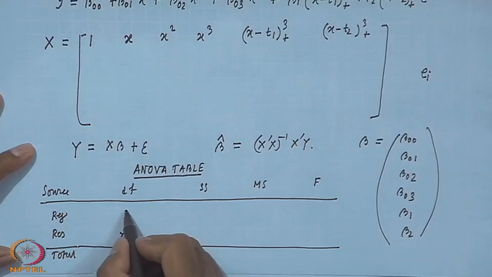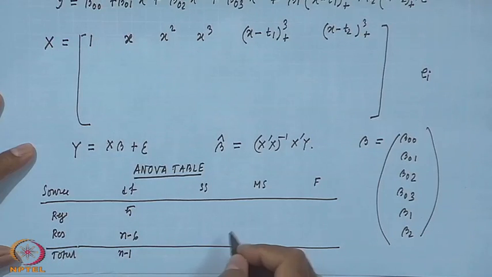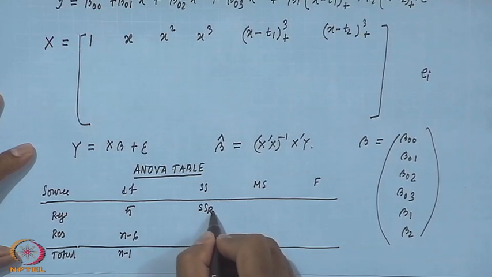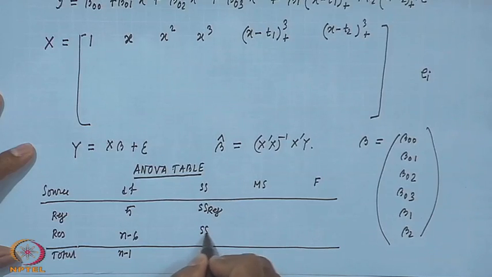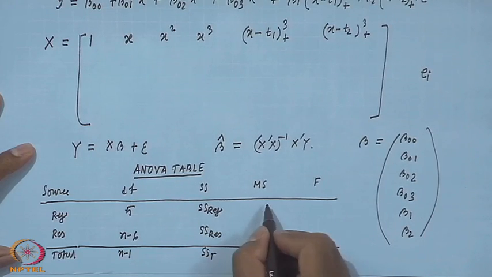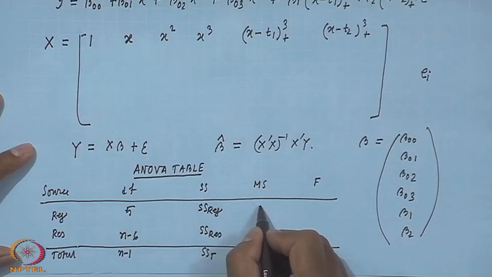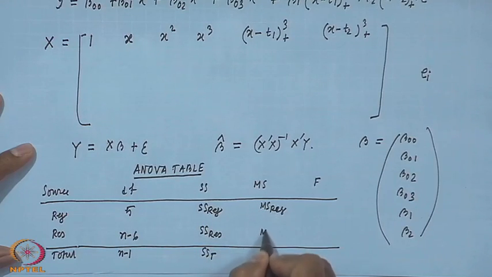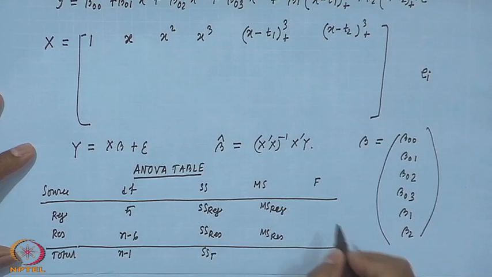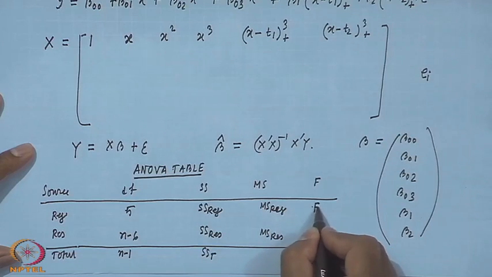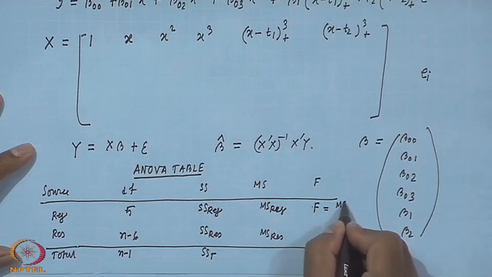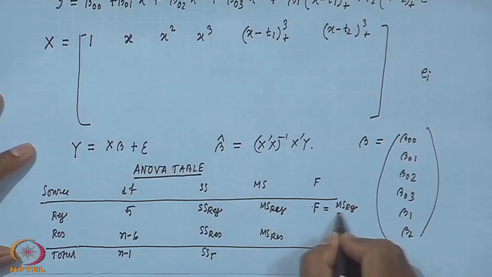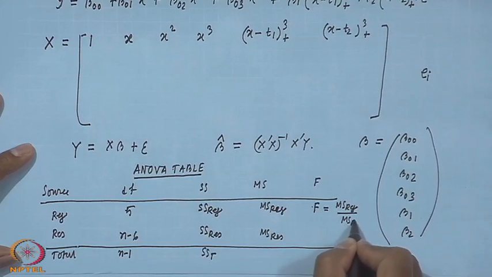So, the regression degree of freedom is then 5, and so this is SS regression, SS residual, SST, and once you divide these by the degrees of freedom you will get MS regression, MS residual, and here is the F statistic, which is MS regression by MS residual.